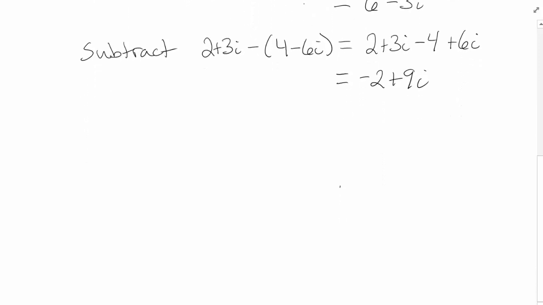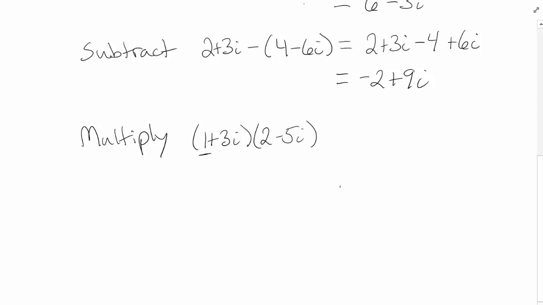You can multiply complex numbers together. Let's say I had 1 plus 3i, and I want to multiply by the complex number 2 minus 5i. Well, you're just going to FOIL out like you're used to doing. Say if you had 1 plus 3x times 2 minus 5x, this is going to work the same with complex numbers.